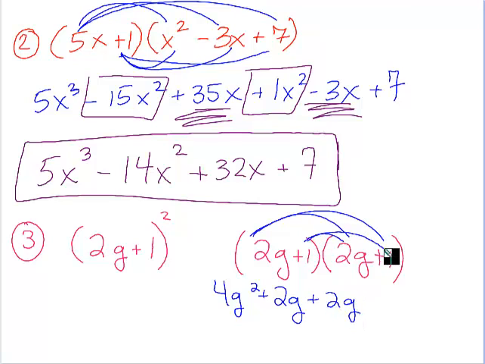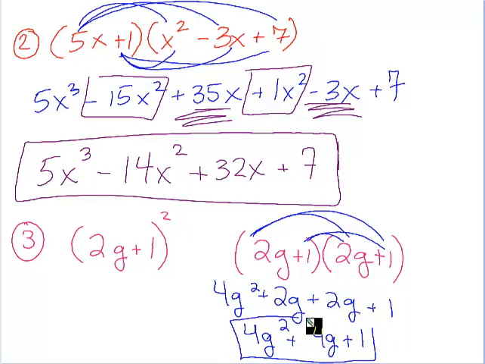How about 1 times 1? Plus 1. Are there any like terms that we can combine together? The 2g's. So this is 4g squared, and then what? Plus 4g plus 1. Good. So is that one okay?